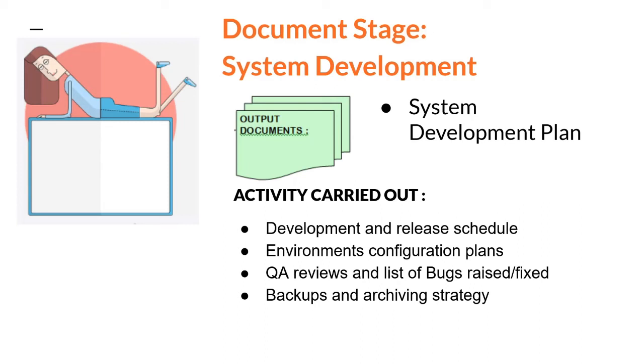Okay, next stage. The document stage, systems and software test plan. So the next stage is to produce a system and software test plan for testing systems and software. The output documents will be system and software test plan.